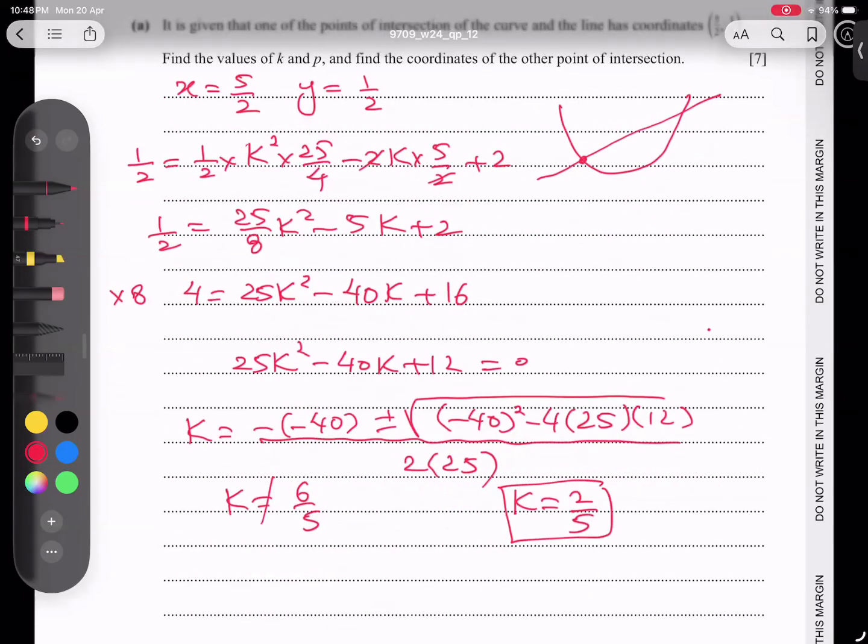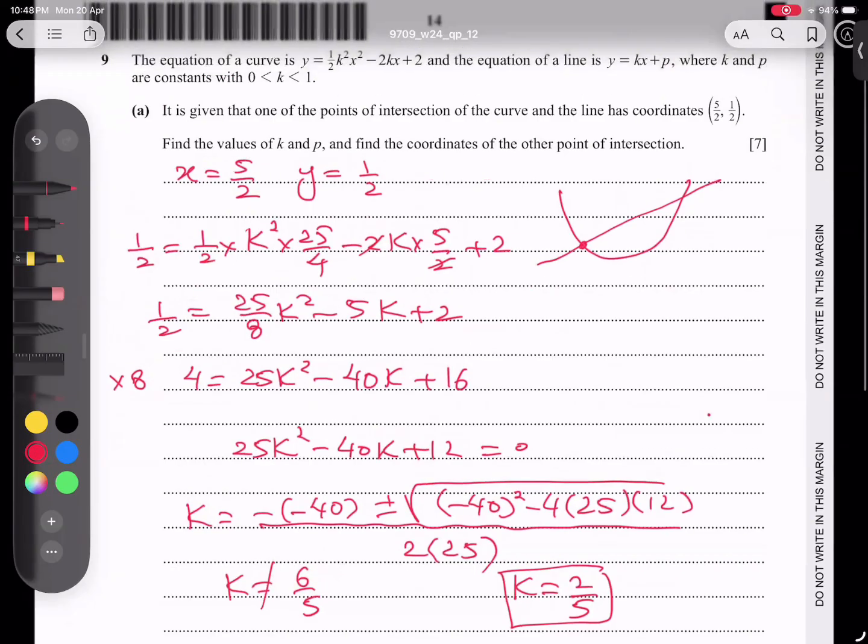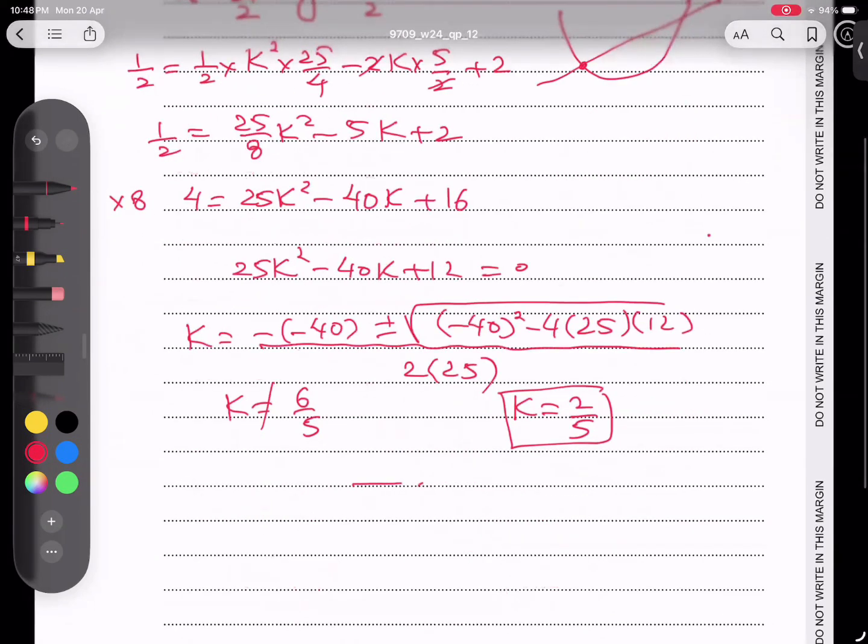Now what he said further, get the p value, and you know it very well. So I can replace this value even in this. P value, and so k value replace there. And at the same time I can put y equal to kx plus p. I'm putting two things.